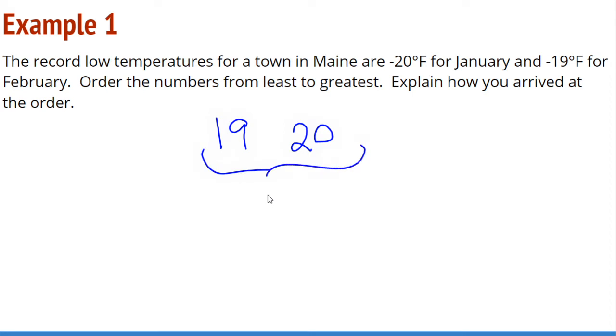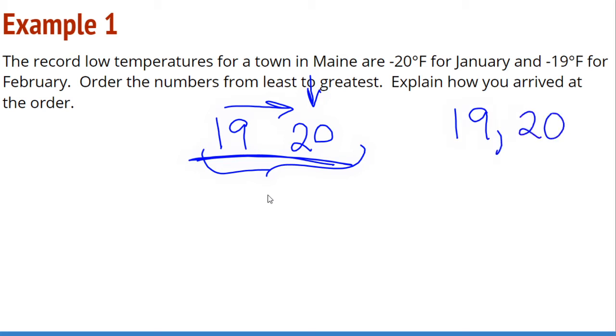I'm looking at their opposites because positive numbers are numbers that students usually feel pretty comfortable with. If we look at the positive numbers, we would say that 21 is to the right of the 19. It is greater than the 19. So I have these in order from least to greatest, 19 and 21.